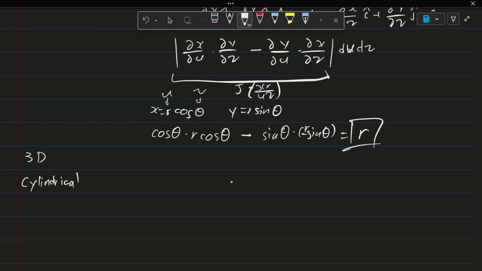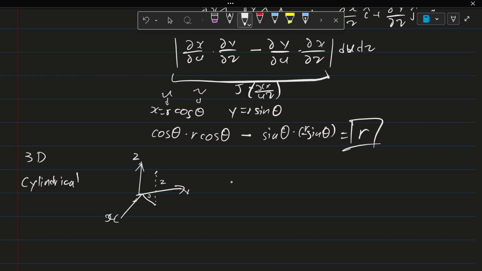The cylindrical system is pretty much polar coordinates, but you add a z-axis. If you have, let's say, a 3-dimensional plot, and you have this point here, you just need to drop it towards the xy plane. This is xy, and then you just need to take this distance here, so this is z.